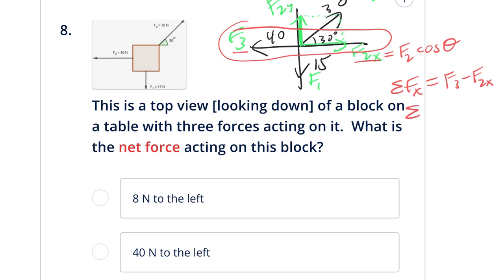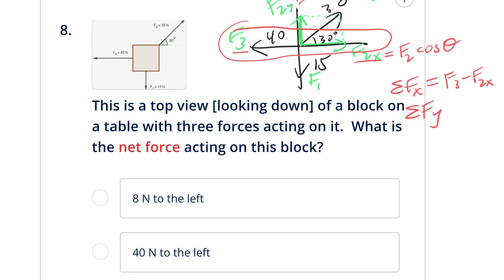Then I'm going to solve for the same thing for Fy. F2y is going to have to equal F1. How do I know that? F2y is equal to F2 times sine of 30, which is half.